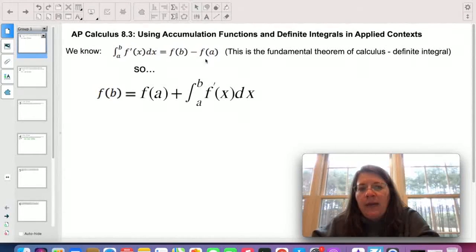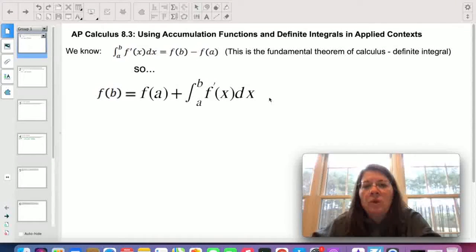If I move f of a to this side, wouldn't it be f of a plus the integral from a to b of f prime of x dx, which is what we have right here. So by manipulating this, we have a way to find one endpoint when we've been given the rate of change and the other endpoint.